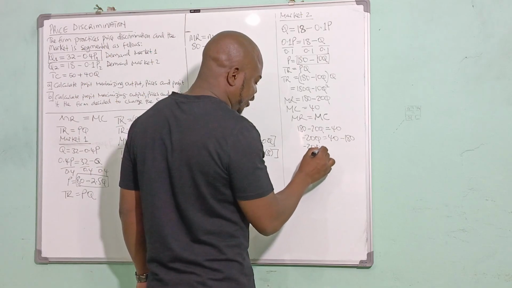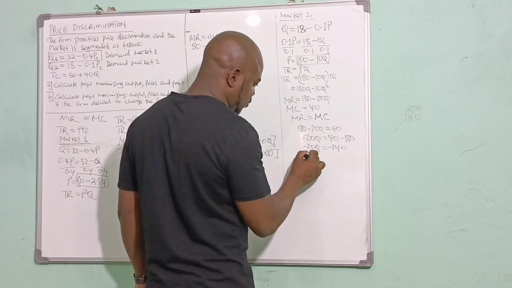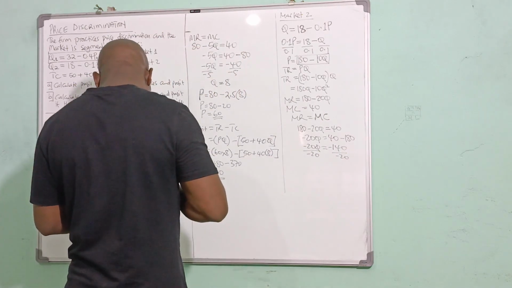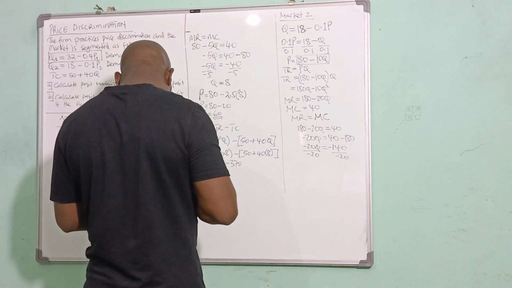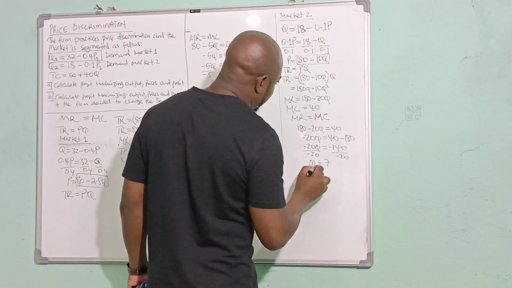Negative 20Q is equal to negative 140. Seven, I guess. Q is equal to 7.